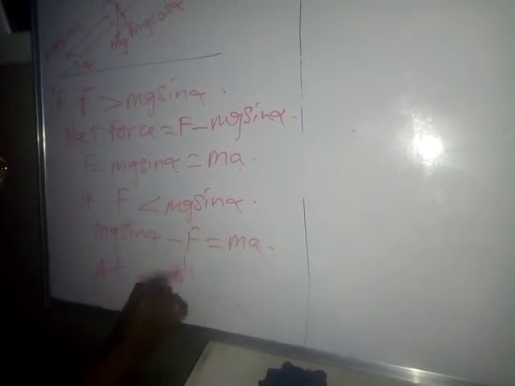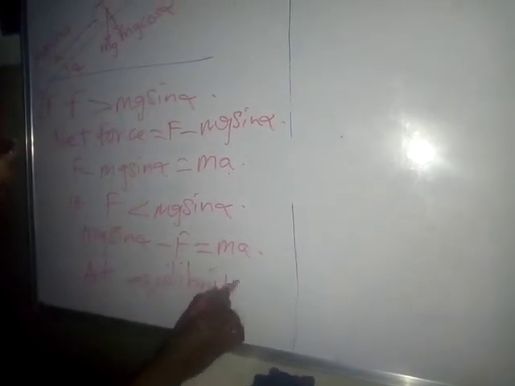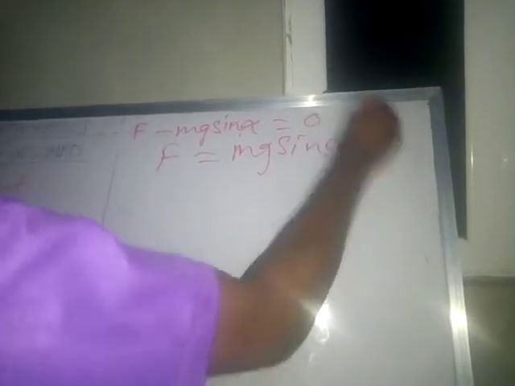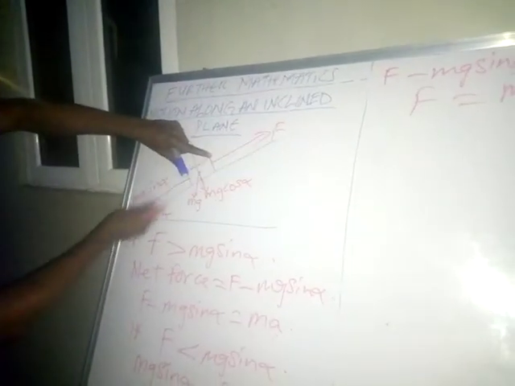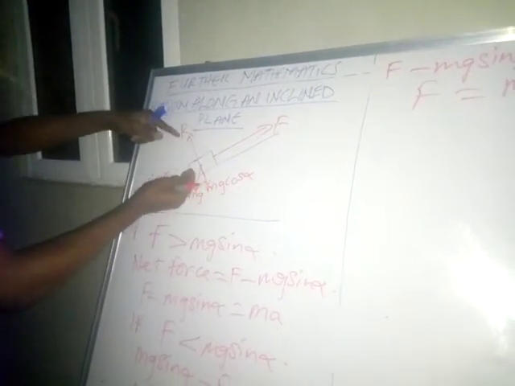Let me write it: at equilibrium, F minus mg sine alpha equals 0. So F equals mg sine alpha.